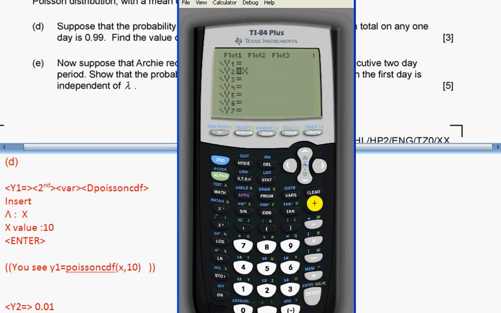Here we find Poisson CDF. And here we put x. Value of x is 10, less than 10. And we have function. Another function is 0.01.